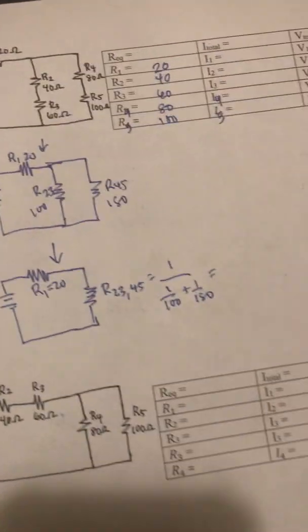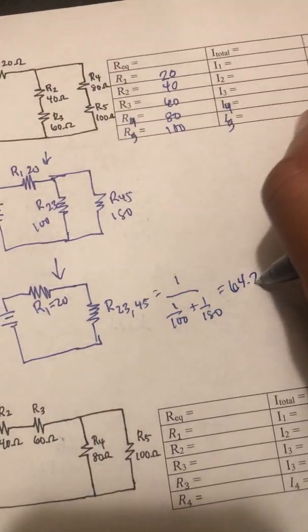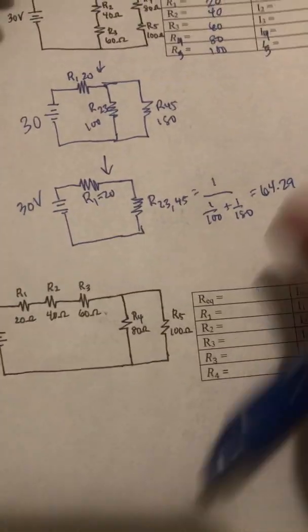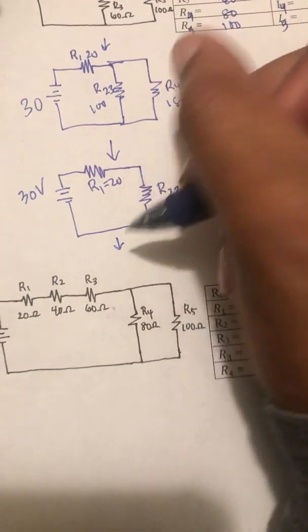That gives 64.29. All right. And then still 30 volts. I'm not done yet because I have to simplify it one more time to get one resistor.